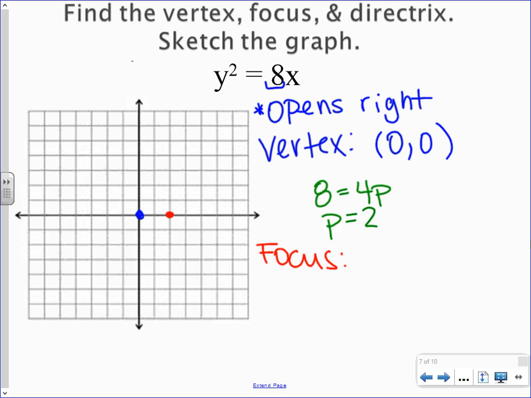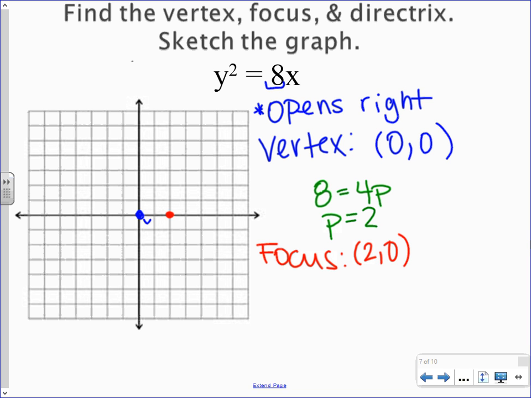What coordinate is that? 2, 0. Now, that's our focus. Our directrix is going to go p the other way. So here's our vertex. I'm going to label it V just so we know what it is.